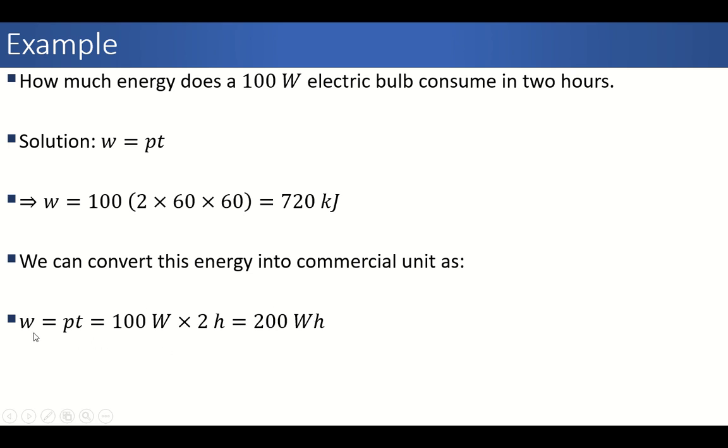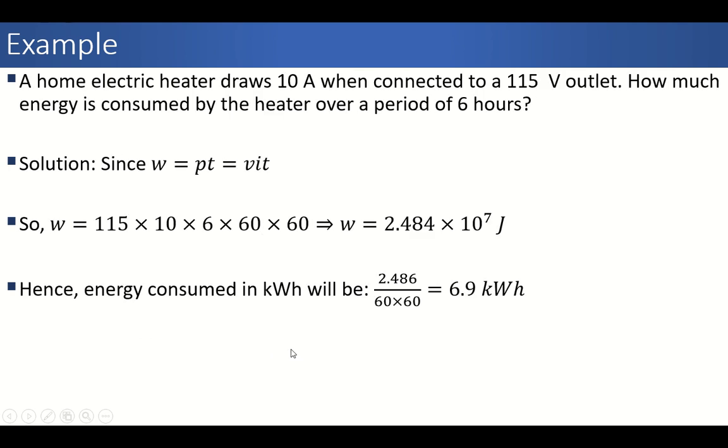So here the energy is P into t, where P is 100 watts multiplied by 2 hours. This is 200 watt hours. So a 100 watt bulb will consume 0.2 units of energy in 2 hours.